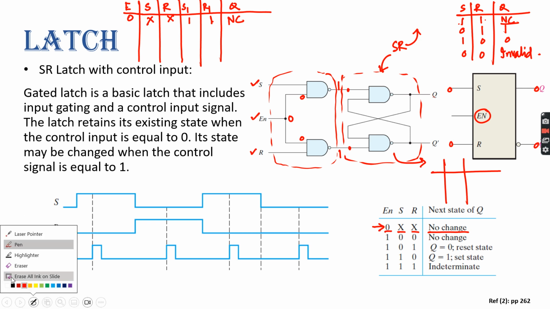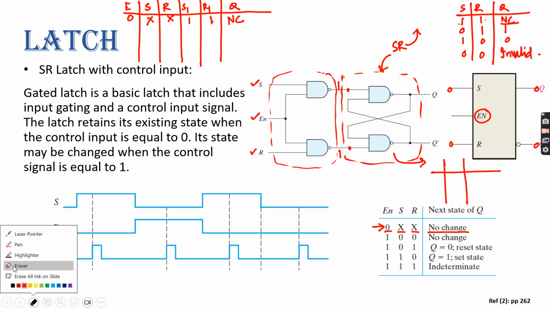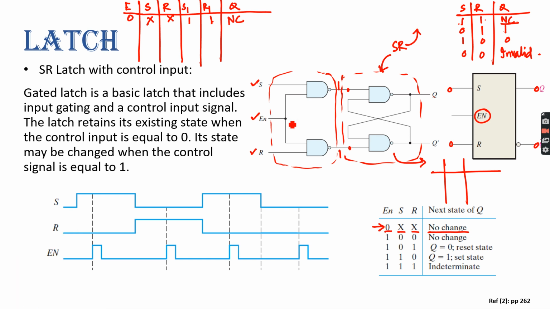Now suppose your enable is not 0 now, it is 1. Enable is 1. So if your enable is 1, then what will be the output of this NAND gate? What will be the output of this NAND gate?